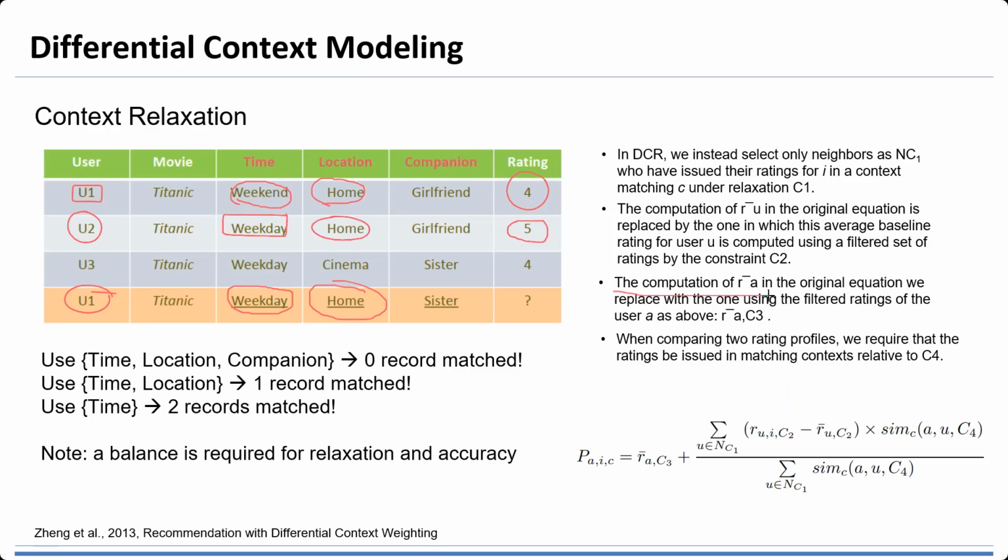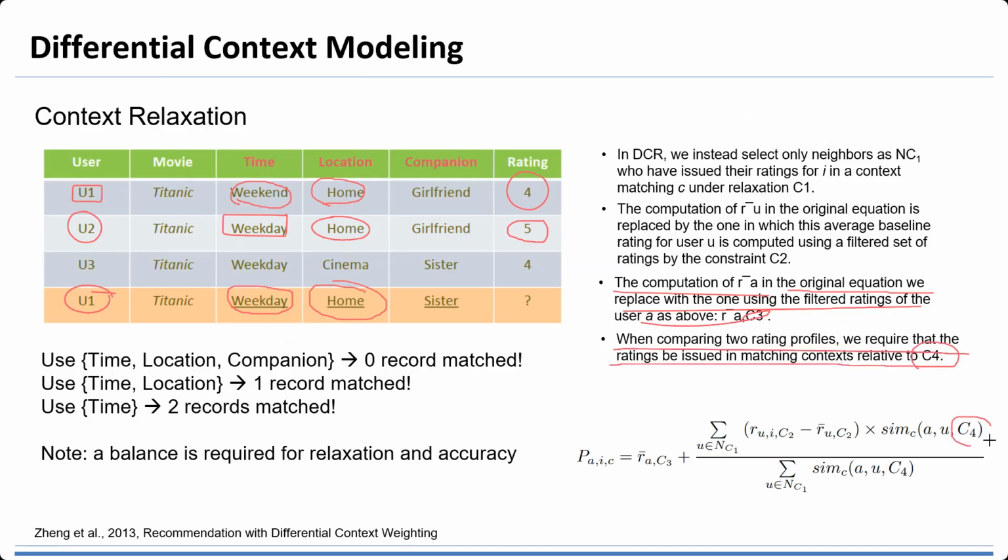So the computation of R A in the original equation, we replace with one using the filtered rating of the user A as above, R A with the condition C3. And when we compare the two rating profiles, we require that the ratings be issued in a matching context relative to the C4.